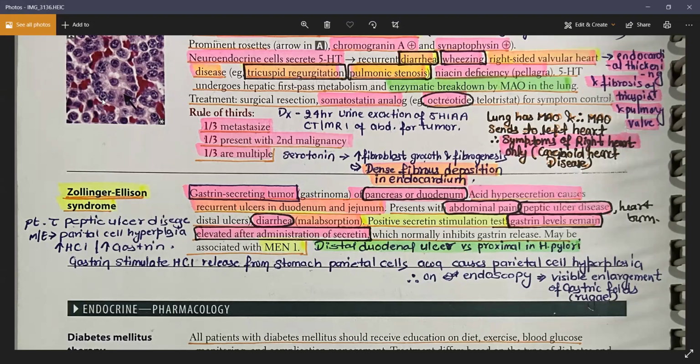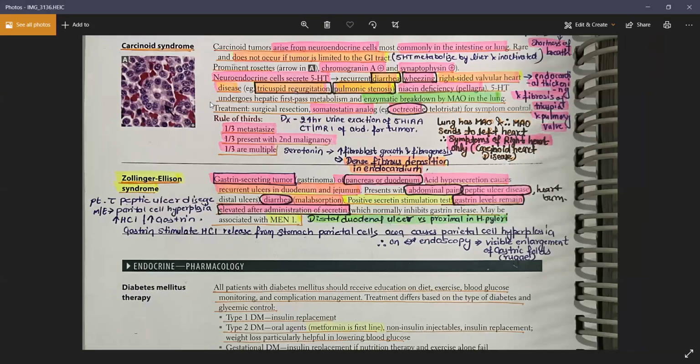So cells making circular islands with a granular appearance of the cytoplasm. That's how Step will describe these carcinoid tumor cells, or the prominent rosettes.